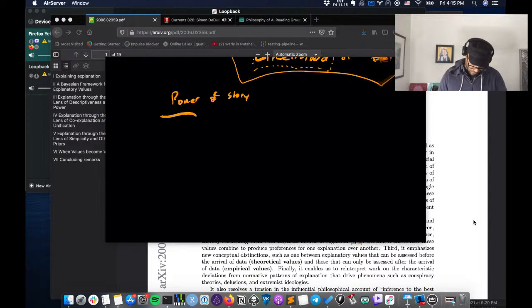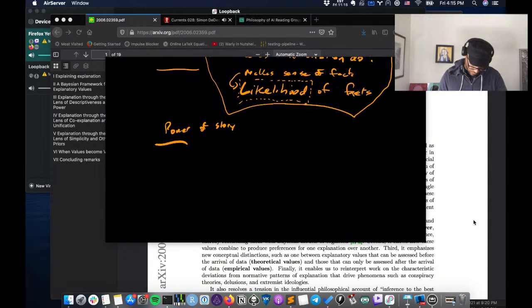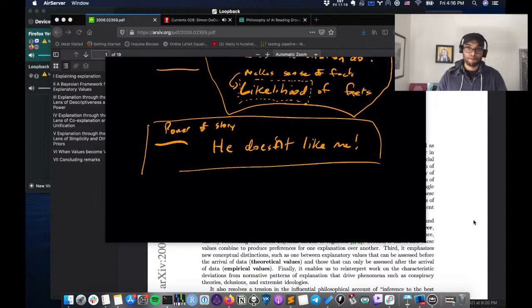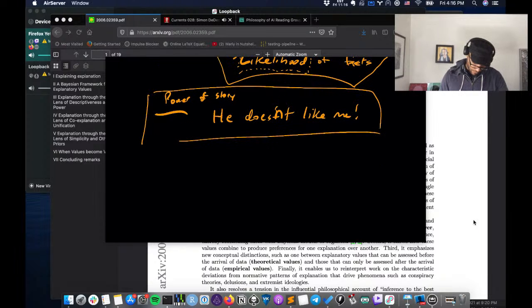So maybe there are explanations that don't fit the facts very well, that get out-competed by other explanations that fit the facts better. And yet that bad explanation from the point of view of the facts may be good for you, perhaps, as a fallible human being or a human being with values, right? That explanation might be good because of its theoretical merits.